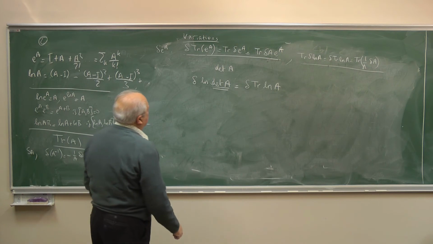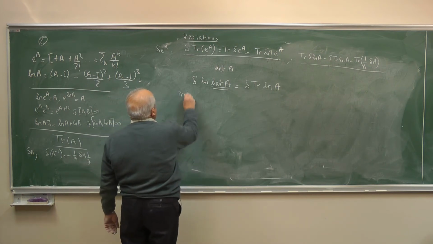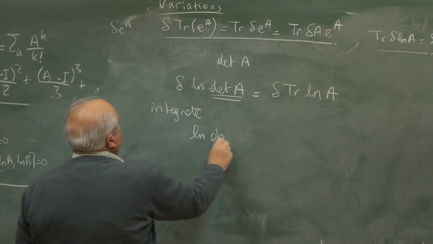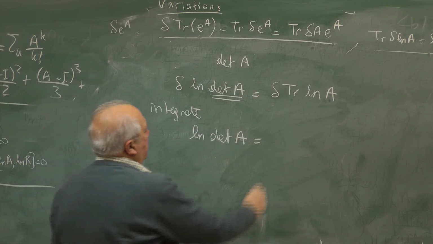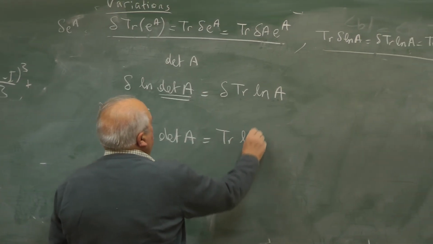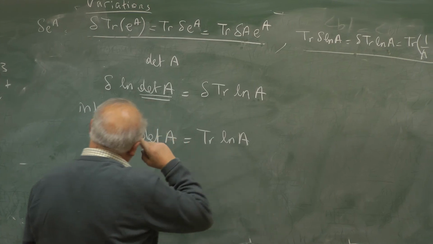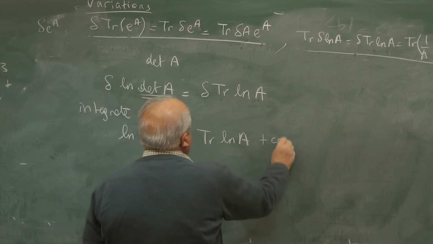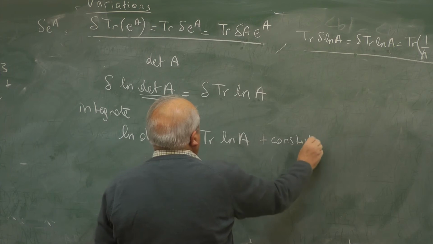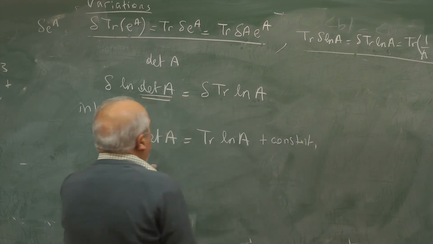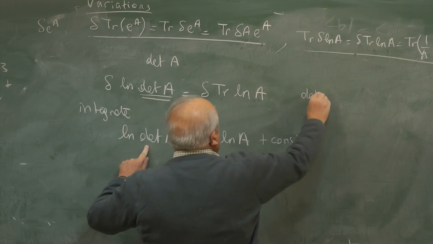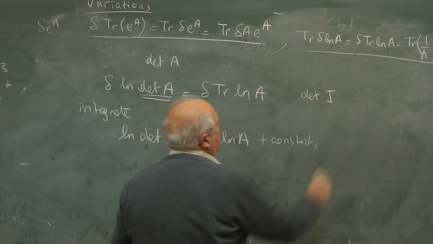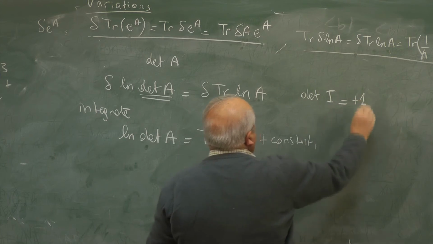Now we integrate. Log determinant A is equal to trace log A plus a constant. Determinant A is defined such that determinant I, the unit matrix, is plus 1.